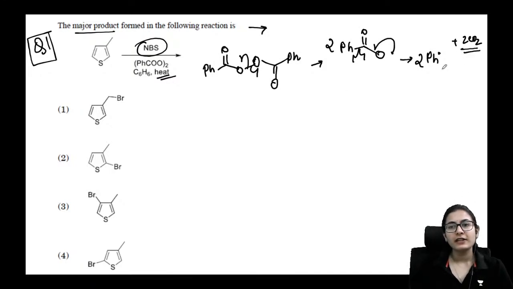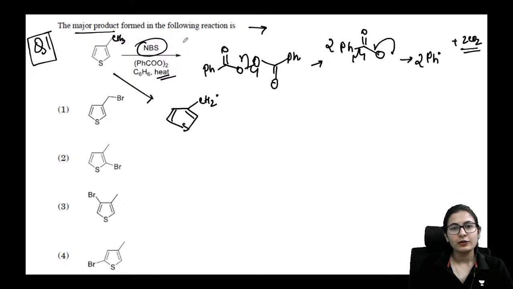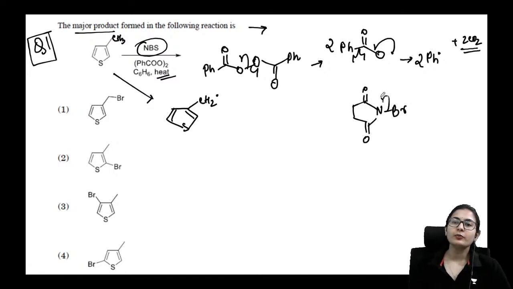So this phenyl radical is going to take away a proton from here, and then it's going to give you this kind of a molecule, a CH2 radical. And also, guys, N-bromosuccinimide also breaks down homolytically to give you a bromine radical, allylic bromination, absolutely.